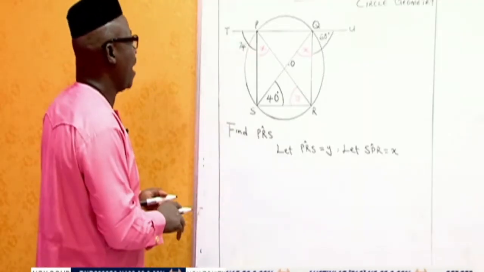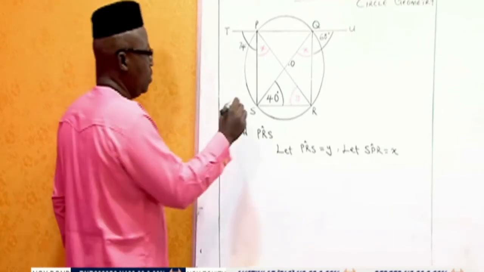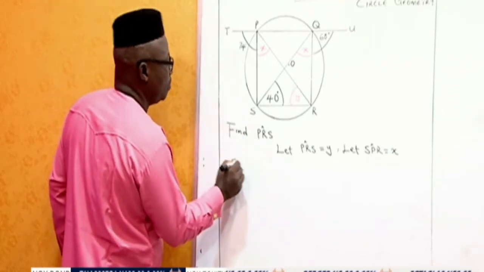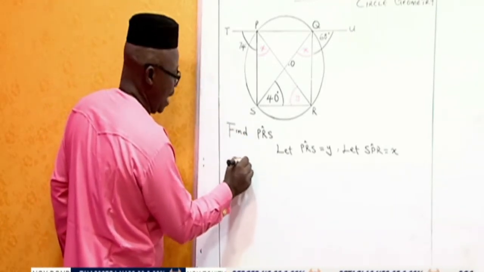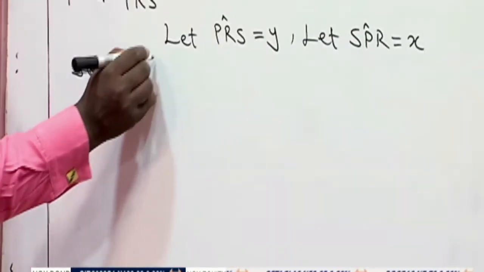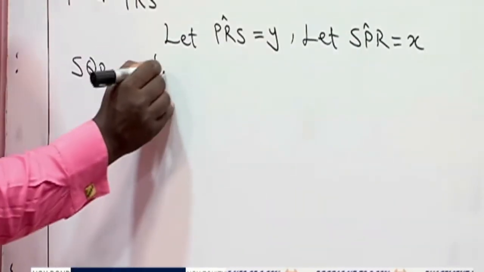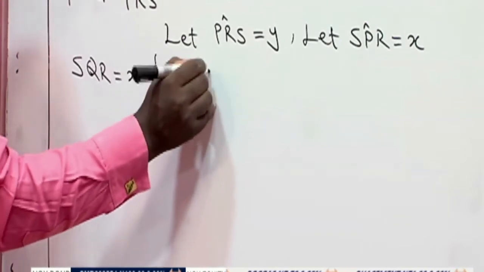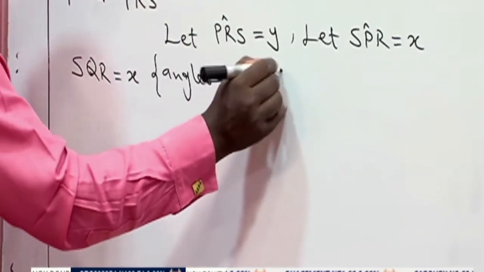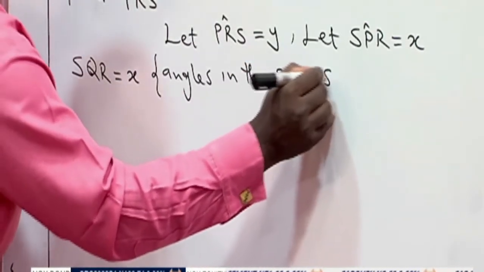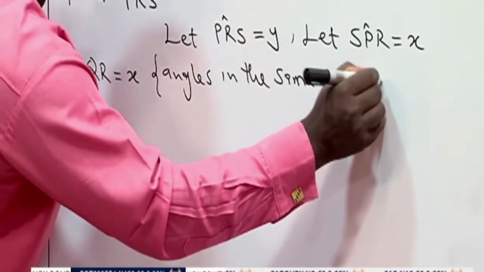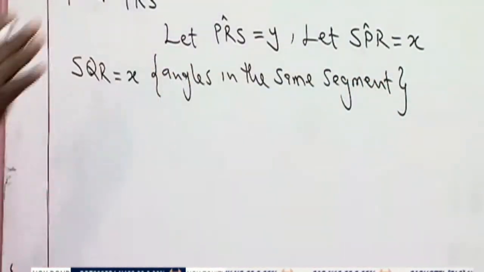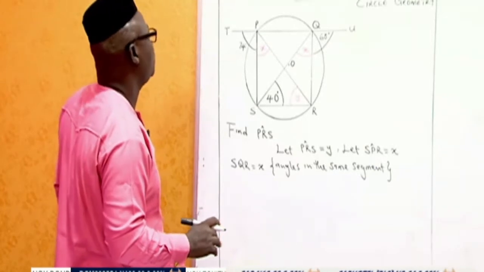Examiners require you to write the reason. So what I'm going to do is to say SQR is going to be x. Reason for that, angles in the same segment. This is important. Examiners want you to do that.